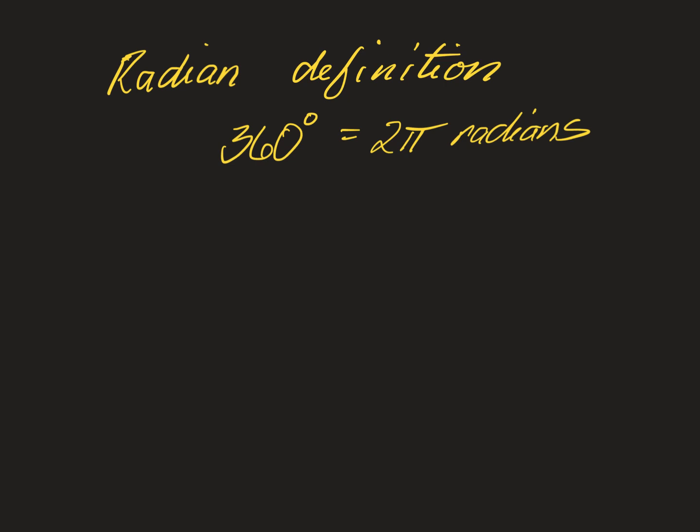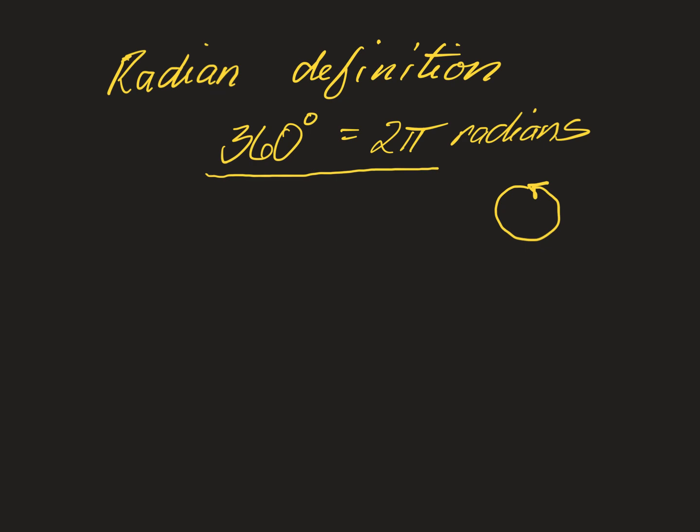So when we talk about radians, the thing we need to remember is that 360 degrees is equal to 2 pi radians. So when you go all the way around a circle, that's 360 degrees, or it's 2 pi radians. Okay? Those are equivalent.